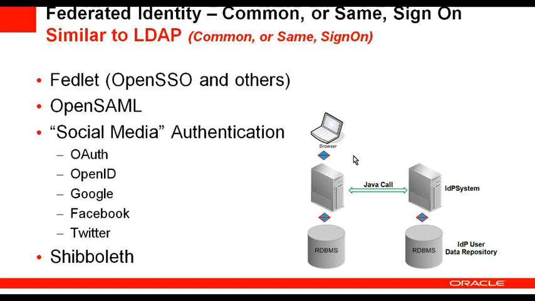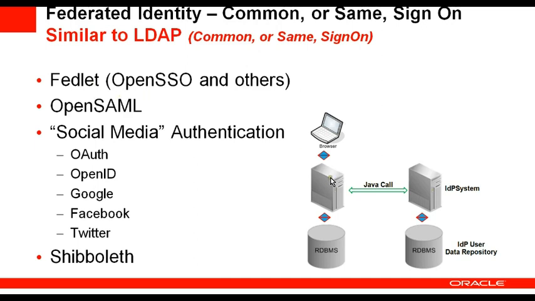I spoke about the non-Oracle products having a plugin. So under Sun's OpenSSO, they deliver a thing called a Fedlet. Ping also have the concept of Fedlet. RSA have the concept of Fedlet, and this is a library that can be plugged into the application.